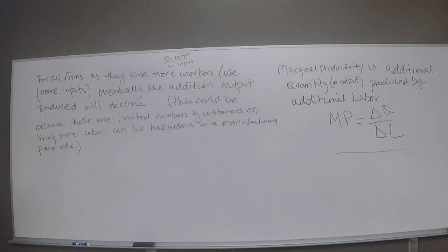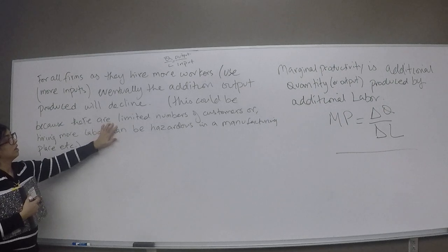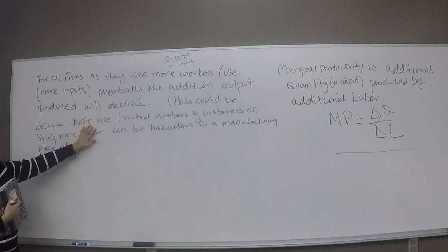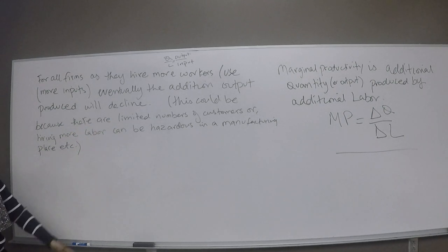Or if we hire a lot of people, then what could happen is that you could have limited numbers of customers, and whatever they're producing, or how much they're producing, might not even be of use.